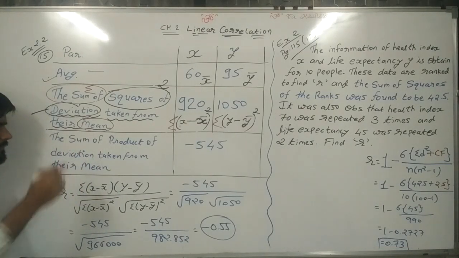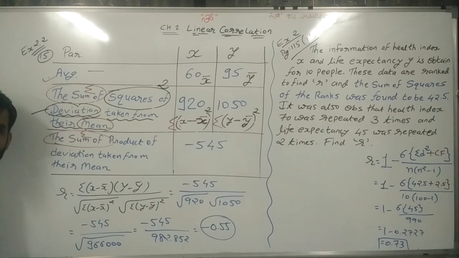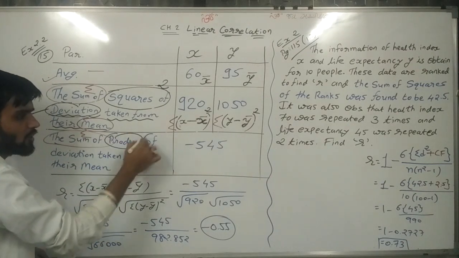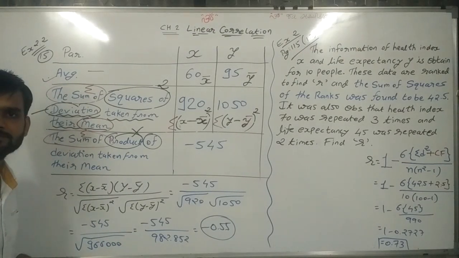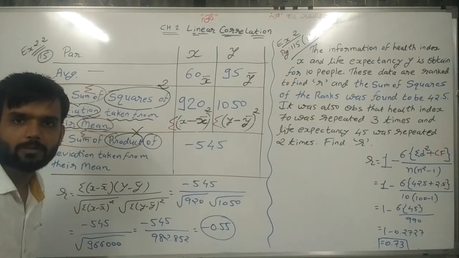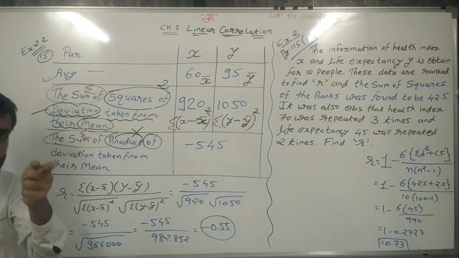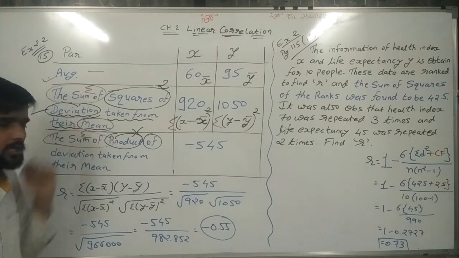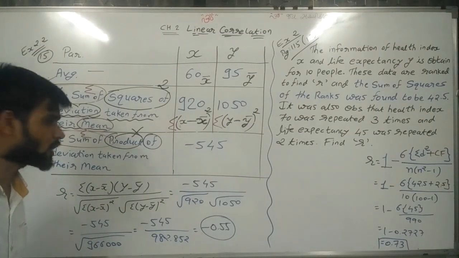Sum means sigma. The sum of product of. Product means multiplication. So again, the sum means sigma. Product means multiplication. Product of what?